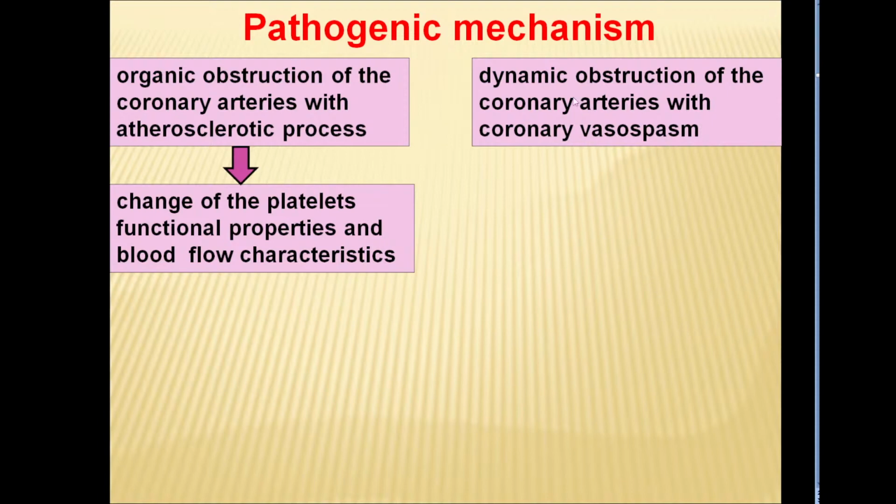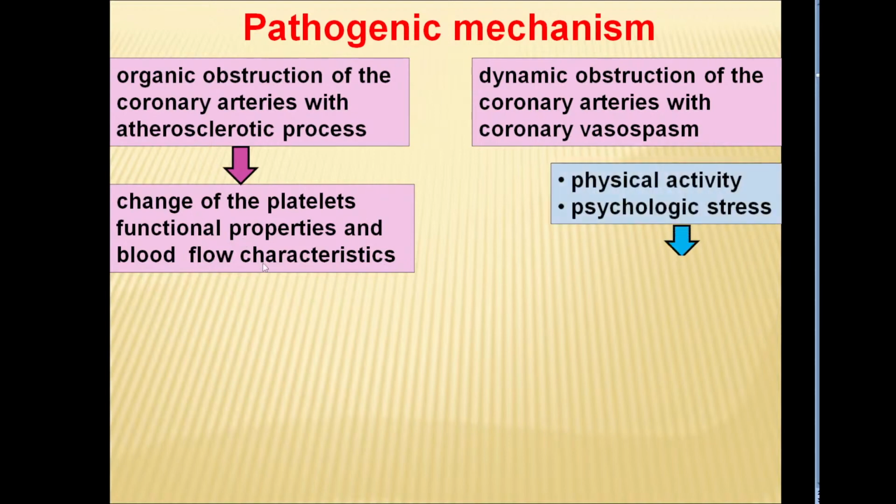But if the spastic process is not accompanied with disordered characteristic of the vessel's intima, obstruction with atherosclerotic plaques is accompanied with formation of the thrombotic mass due to adhesion of thrombocytes and disordered functional properties of the blood flow.